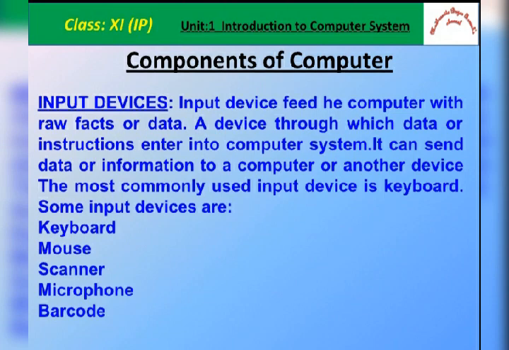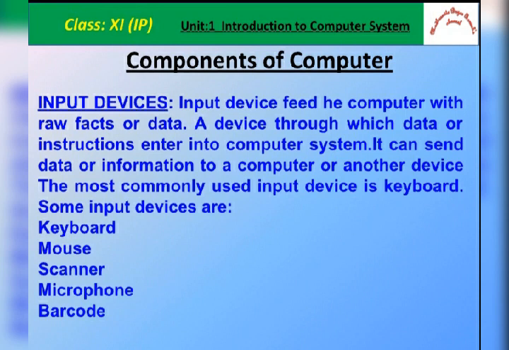And these three parts of the CPU are connected to the rest of the computer through buses, wires, or circuitry carrying electronic signals. Most common buses are data bus, address bus, and control bus. Data bus carries data from memory to CPU and from CPU to memory.